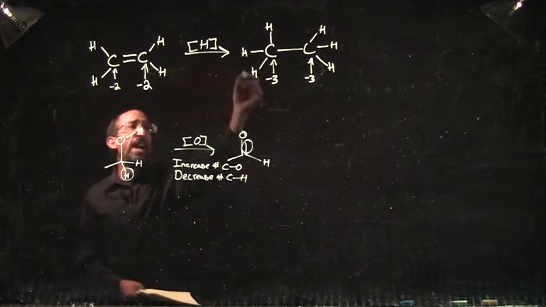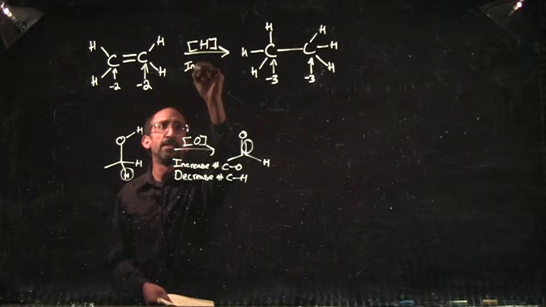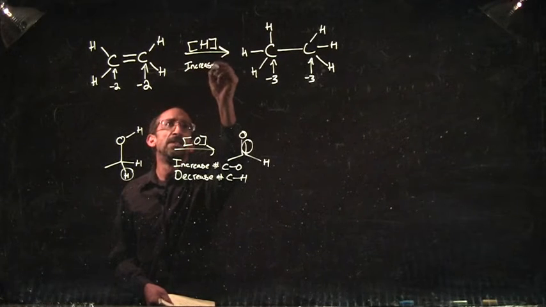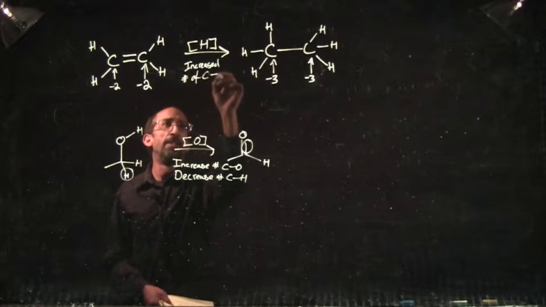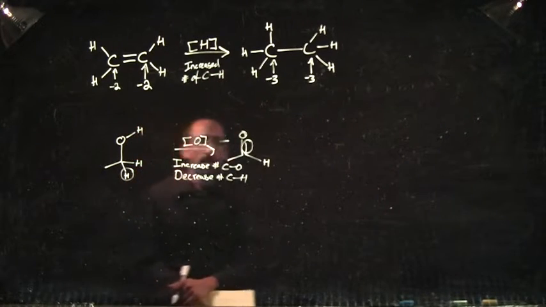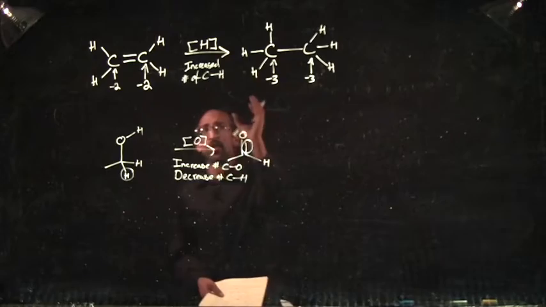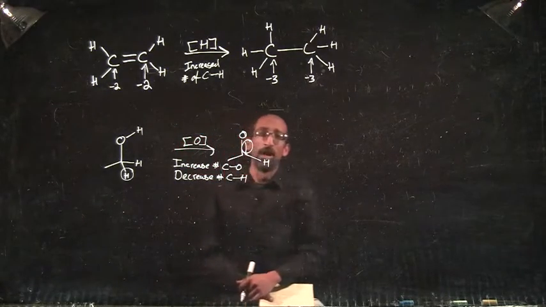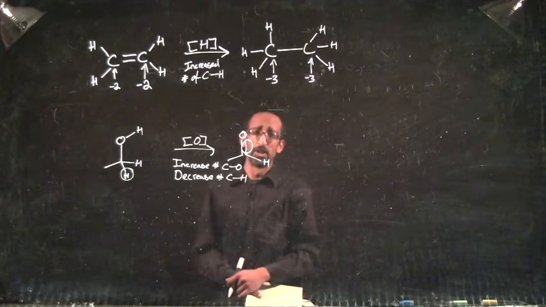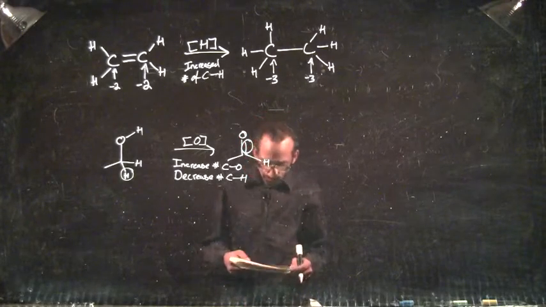Similarly here, we have increased the number of carbon-hydrogen bonds, right? And so that's a good signal. Increasing the number of carbon-hydrogen bonds, that's a good signal that we've gone through some sort of a reduction process.